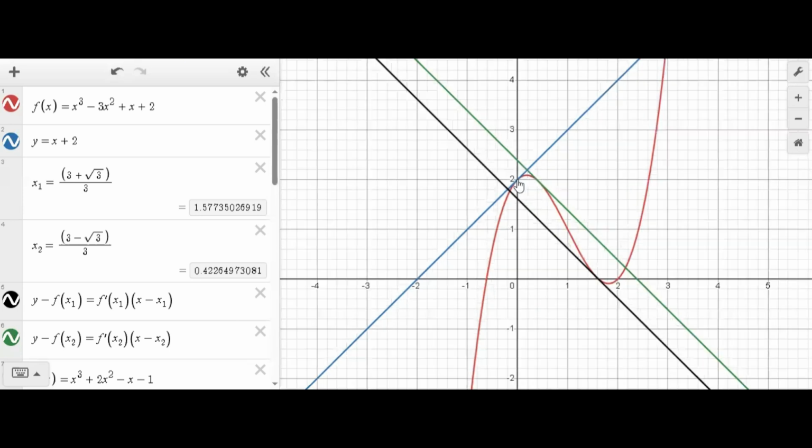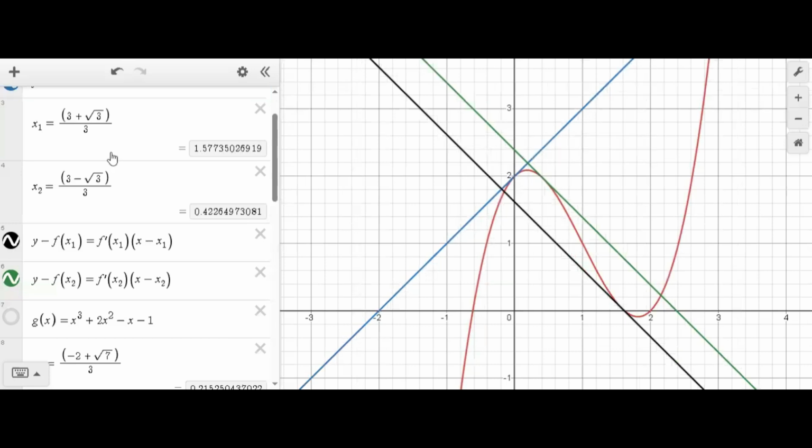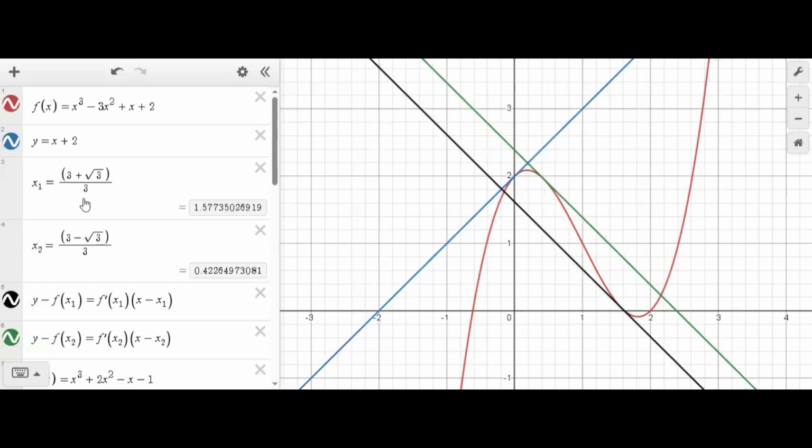As you can see, it passes through the point 0, 2 and has slope 1. And then this green line is the line that's perpendicular to the blue line, where x1 is 3 plus root 3 divided by 3, and x2 is 3 minus root 3 divided by 3. You get, again, the slope being equal to negative 1, perpendicular.